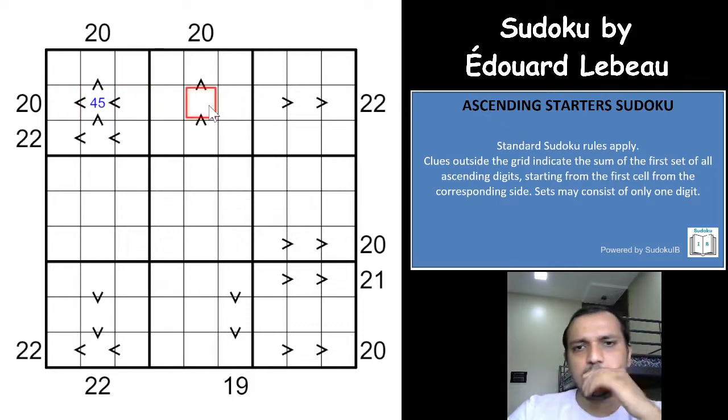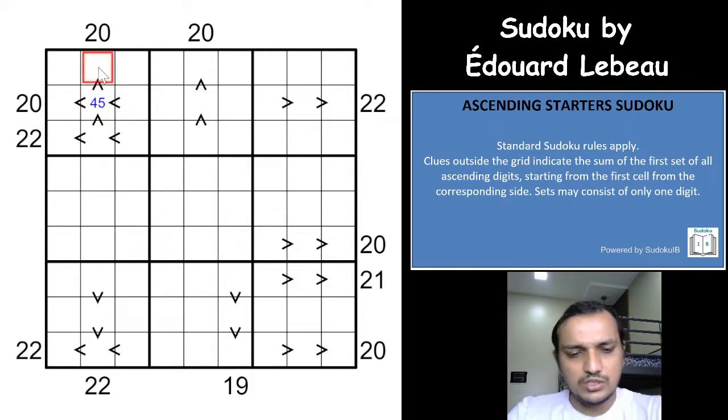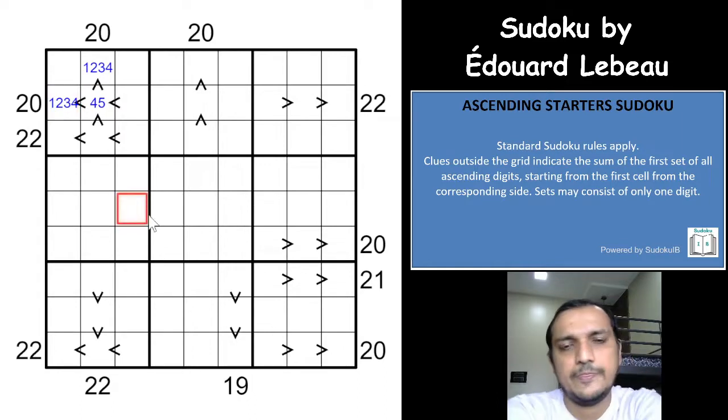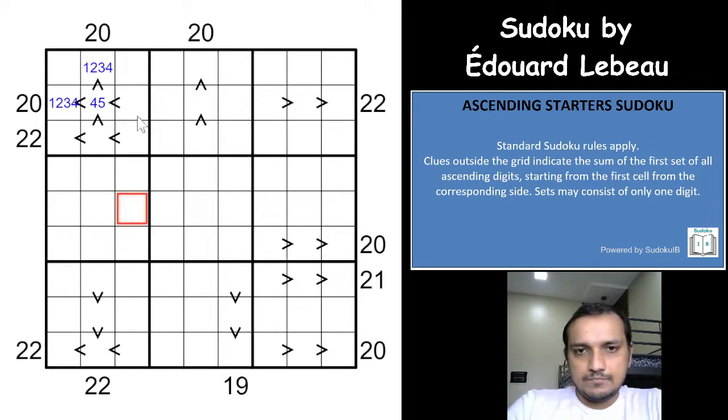So 4 and 5 is possible. So we have ruled out something here. 1, 2, 3, 4, 1, 2, 3, 4 here. If this is a 3, then the sum would have to be 20 within these 3 cells, right? 4, 5 and 9.